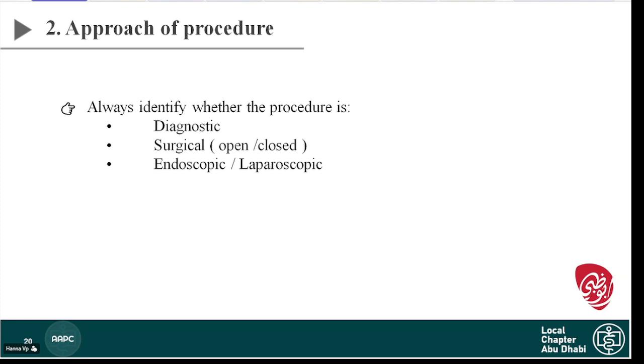Every time you take the code, the approach of the procedure should be confirmed. Always identify whether the procedure is diagnostic or surgical, meaning open surgery or closed surgery, and whether it is endoscopy or laparoscopy. Keep these things in mind.